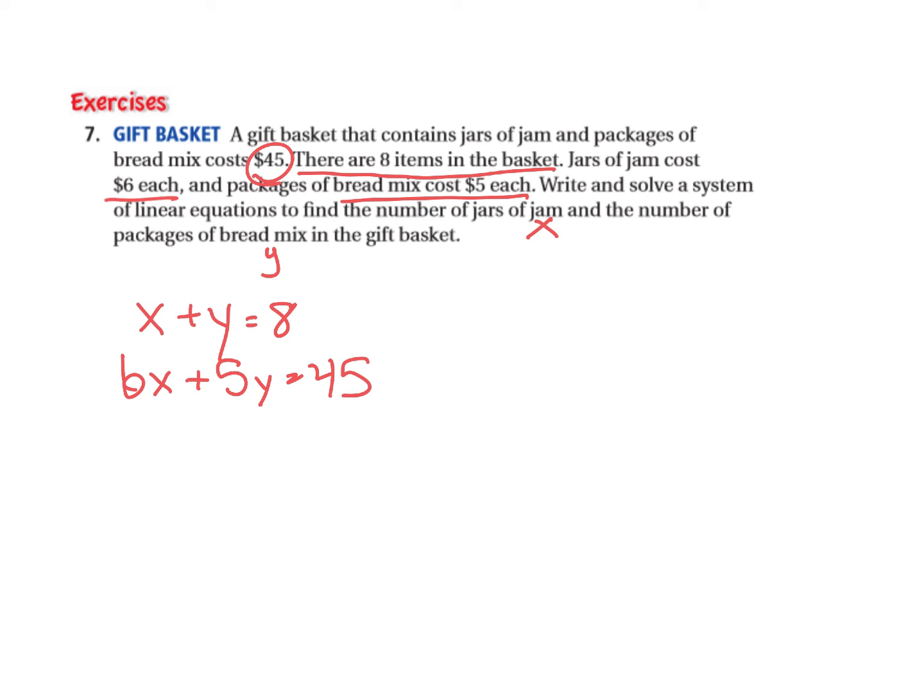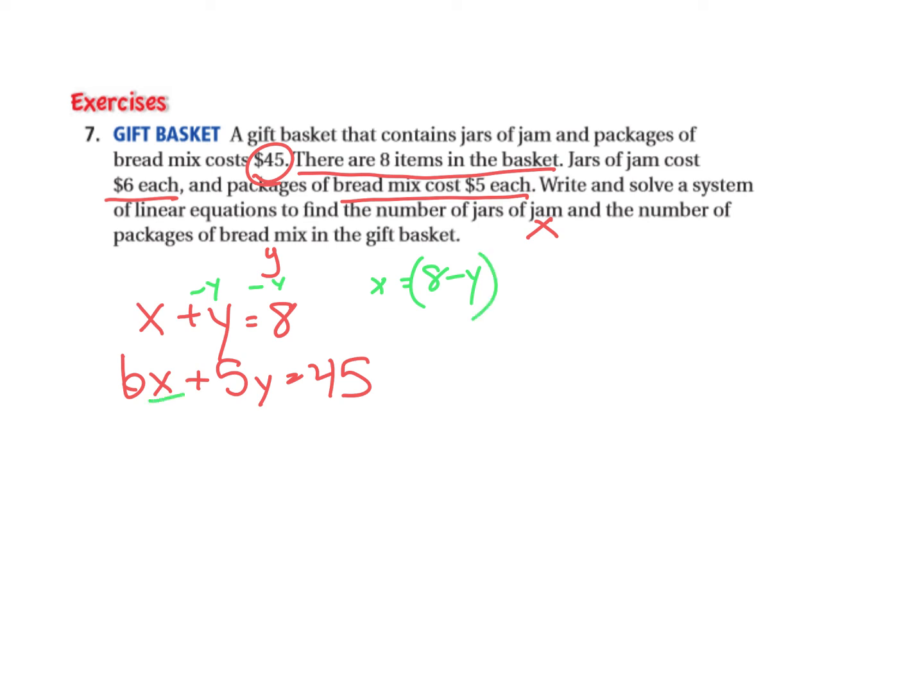But I'm looking at this one, and that may not be the easiest thing to do. So I can solve it one of 2 ways. I can do substitution, which should be relatively easy. I subtract y from both sides. I get x equals 8 minus y, and I can plug that in for x.